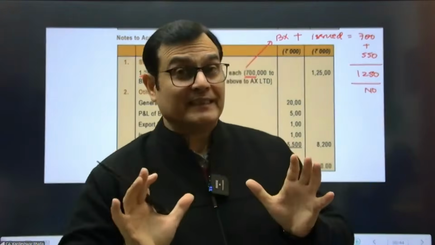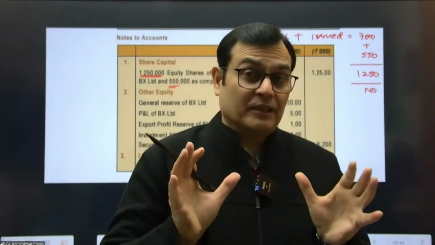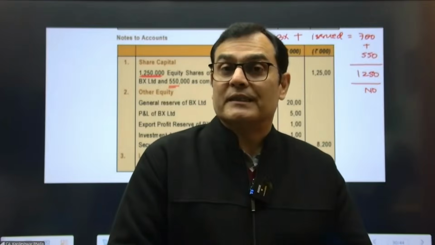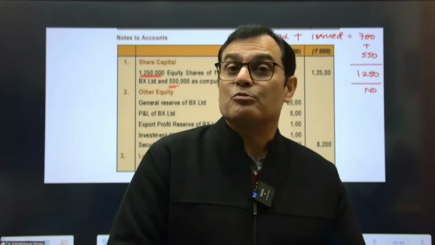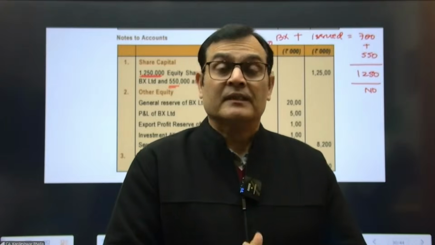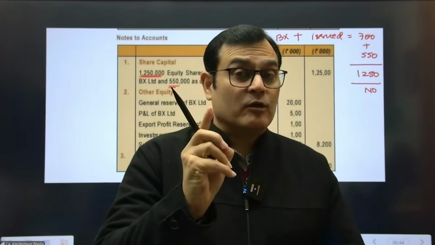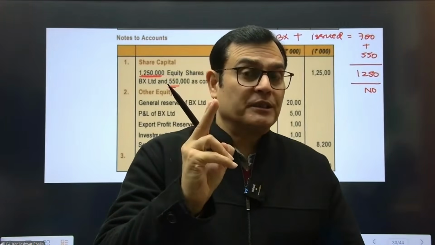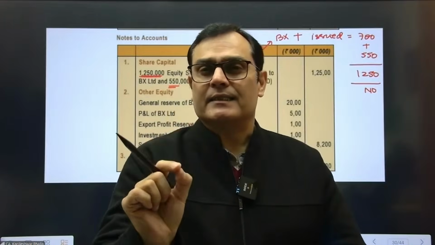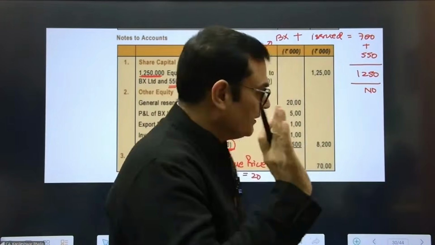So I hope you got the dots connected. When you present a consolidated balance sheet, when a new company is created in a reverse acquisition, the calculations are purely from the accounting acquirer's perspective: the number of shares of the accounting acquirer plus the shares which are issued, and any excess becomes a premium in the other equity.